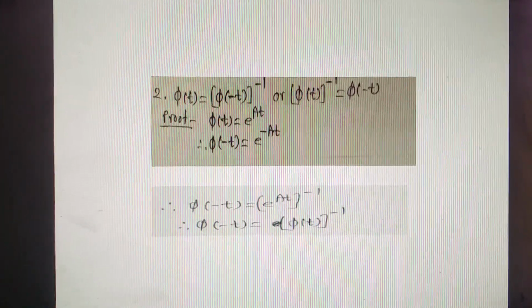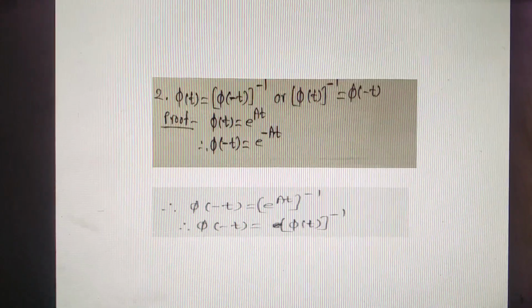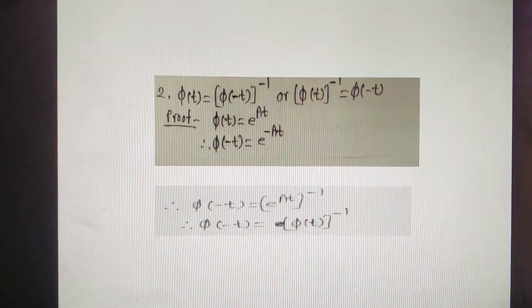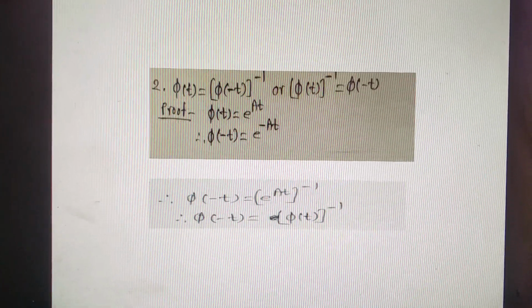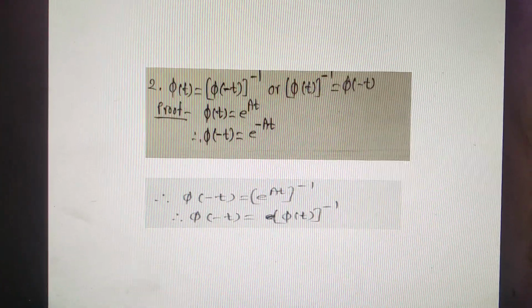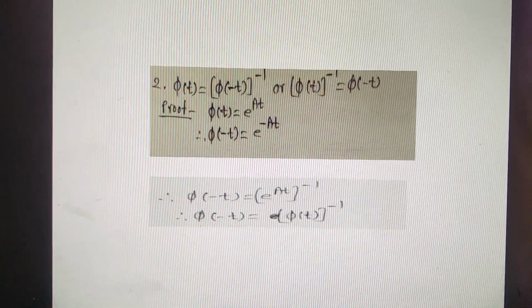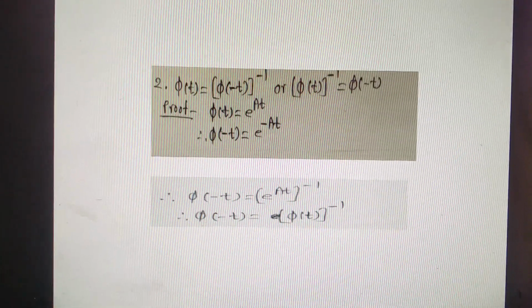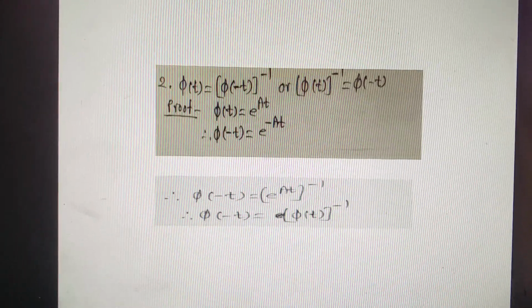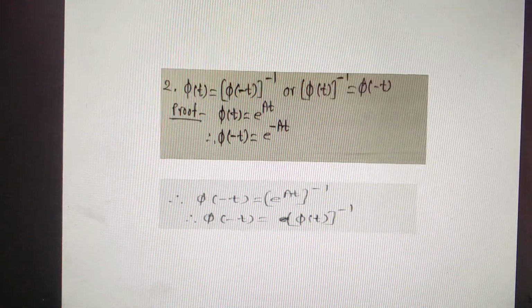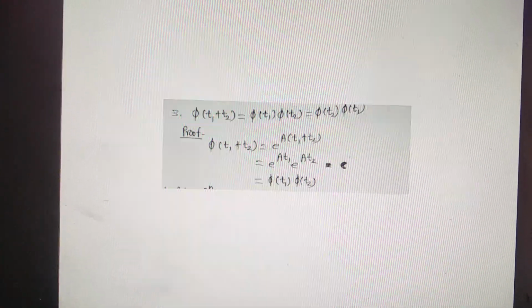As we know, a raised to m bracket raised to n is a raised to m into n. So, we can write e raised to minus at as e raised to at whole raised to minus 1. E raised to at is phi of t. So it will become phi of t whole raised to minus 1. So the second property, phi of minus t is equal to phi of t whole raised to minus 1.